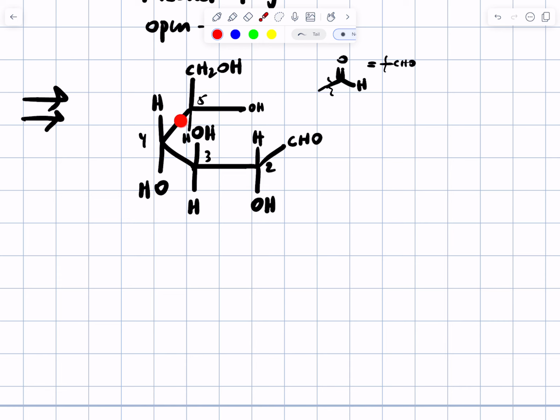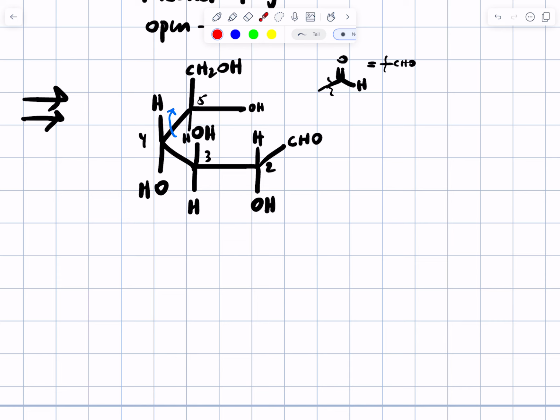So we need to actually rotate around the bond between carbon 4 and 5 to trade the positions, swing CH2OH down into that position. If we do that, it's going to swing this CH2OH here, it's going to move this OH here, and it's going to move the hydrogen up.